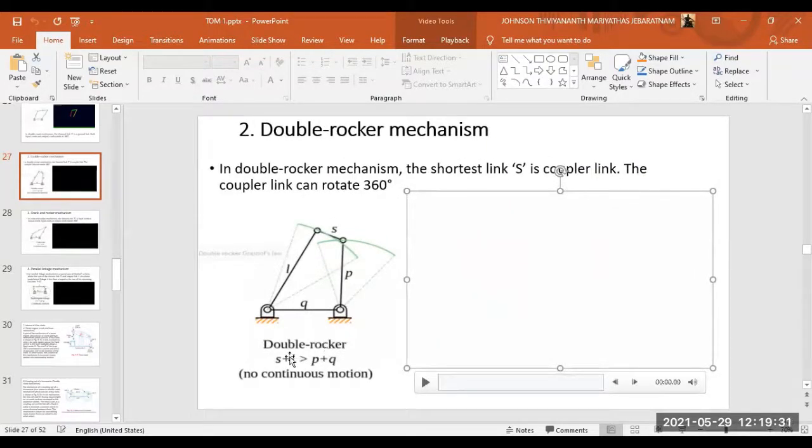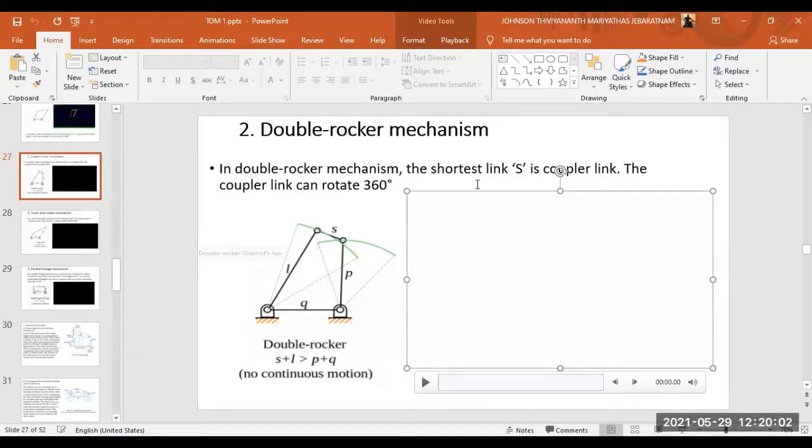So the condition for double rocker is that both the arms should make a partial rotary motion, which means there is no complete revolution. Here the condition is S plus L greater than P plus Q, where S is the shortest link, L is the longest link, and P and Q are the other two links.